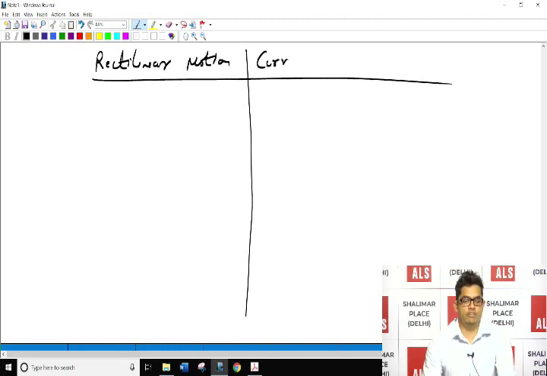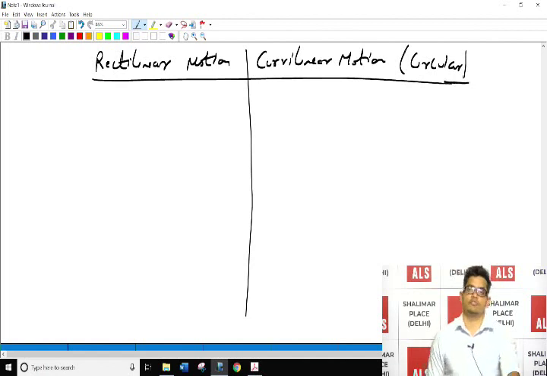This is the curvilinear motion, or simply the circular motion. Because as of now it is just circular motion, curvilinear or circular motion. All right, in the rectilinear motion, what is displacement?